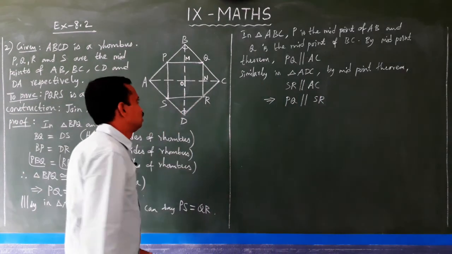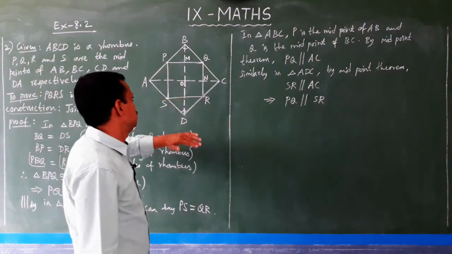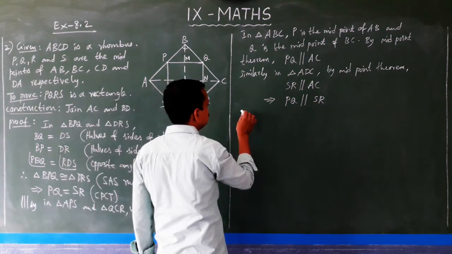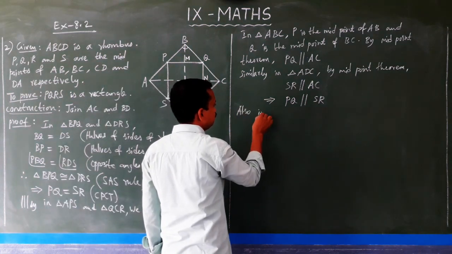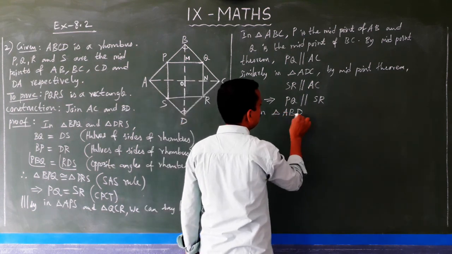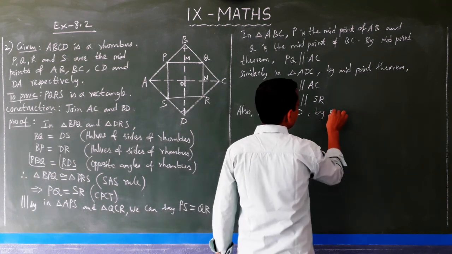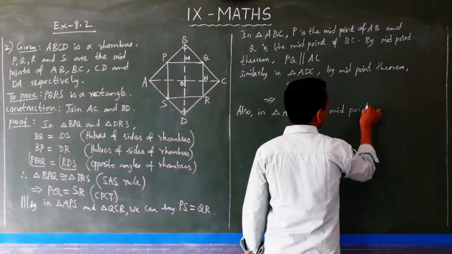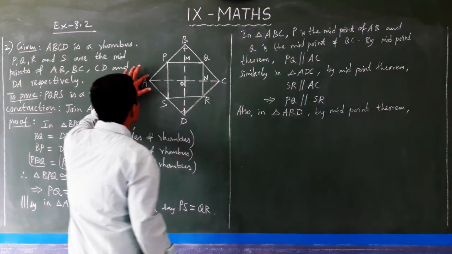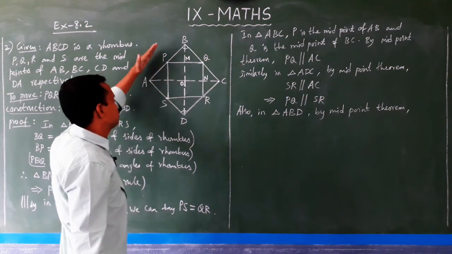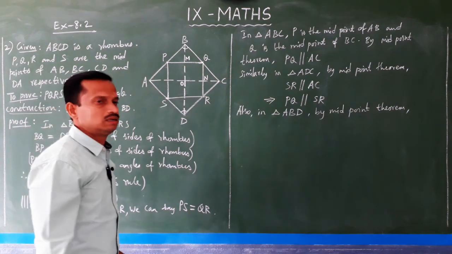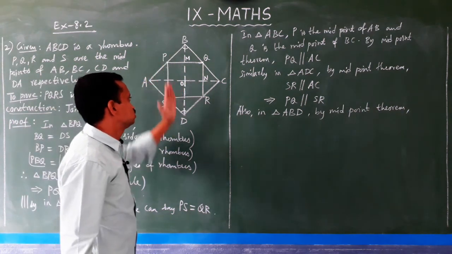So now, again proceeding in the same way, we take triangle ABD also. In triangle ABD, by the midpoint theorem, we can say that P and S are the midpoints of AB and AD. So if you join PS, then that line segment PS will be parallel to the third side, that is BD.